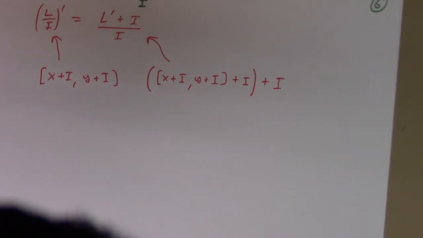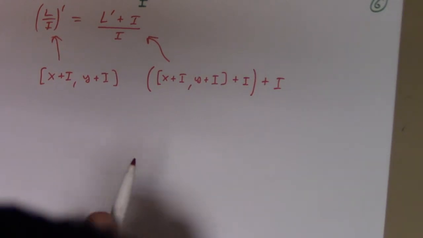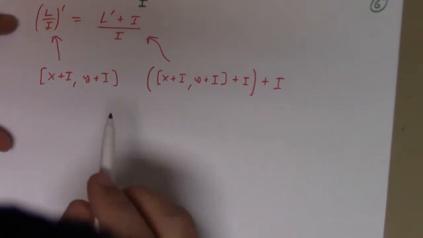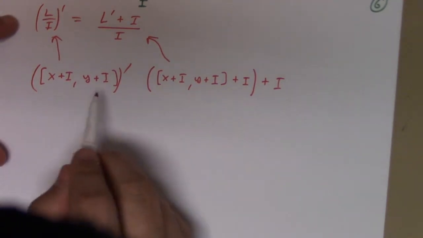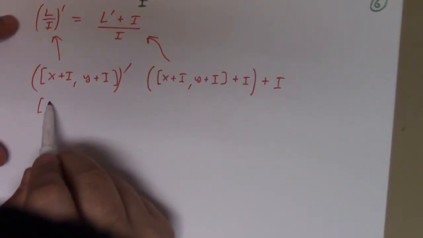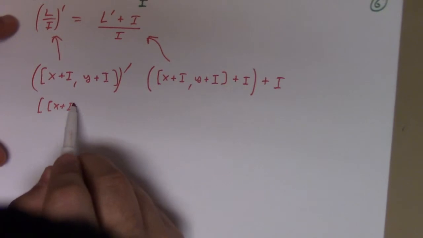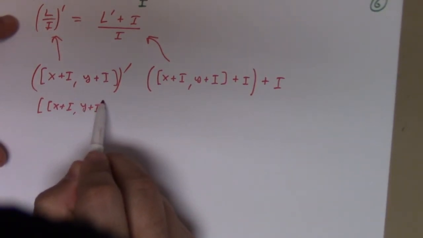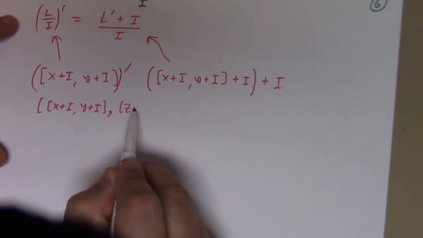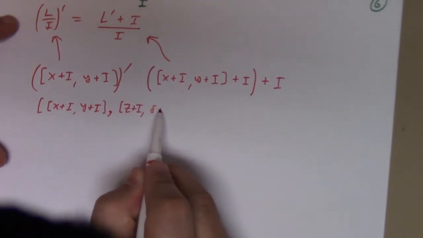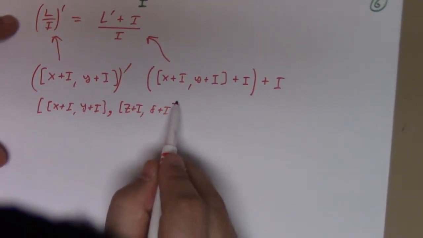Oh, this isn't right either. This is just L mod I. Yeah, it's that prime, right? Which actually makes this stuff like the bracket of x plus I, y plus I, with z plus I, delta, whatever. Right?